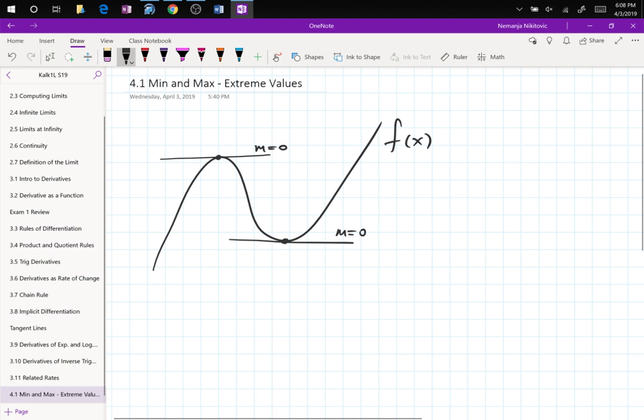So these values would be called extreme values. This one would be some form of maximum point, and the other one would be some form of minimum point. There are different kinds, so we have to be careful about that.